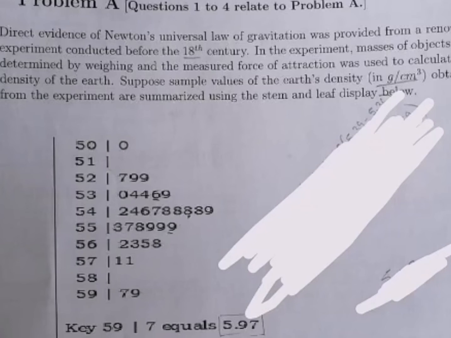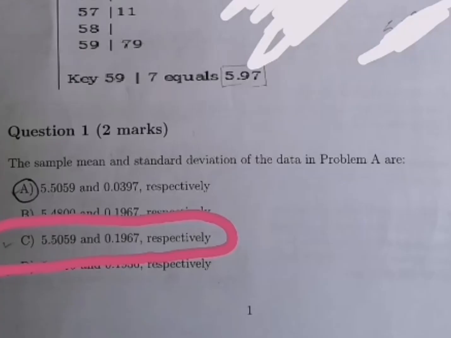After that, you can proceed to answering your questions. So the sample mean and standard deviation of the data in problem A are... The answer that I circled is the correct answer in that case. So I'll show you how we obtained it.